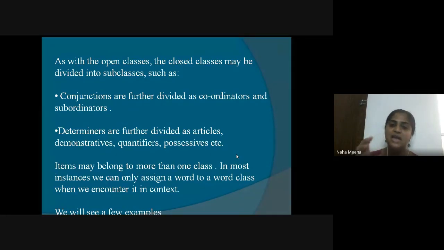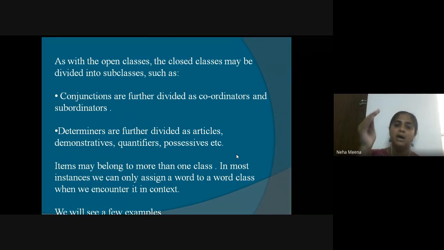The functionality remains the same. If there is a noun, no matter if it is a proper noun or a common noun, it will give you the function of a noun only. The functionality will not differ.